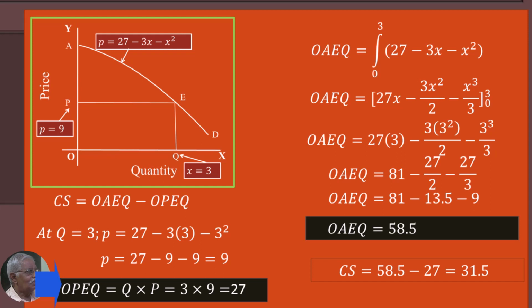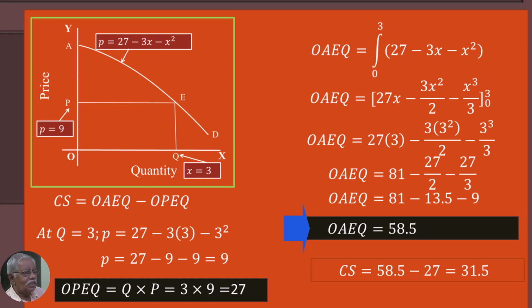Now we have to find the area OAEQ. For this, we have to integrate the given function. The given function is integrated. The value x equal to 3 is substituted and the final value is arrived. It is OAEQ equal to 58.5.